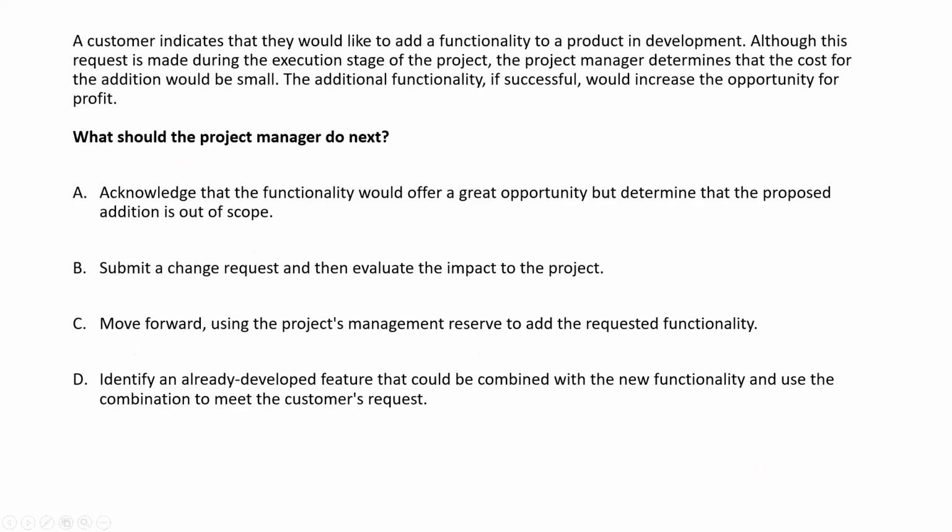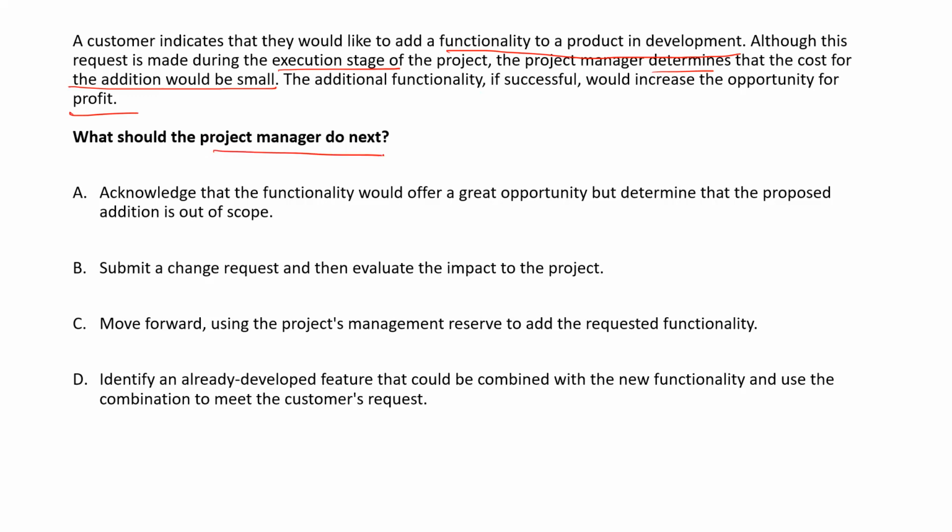A customer indicates that they would like to add a functionality to a product in development. Although this request is made during the execution stage, the PM determines that the cost for the addition would be small. It means he has already checked the impact. The additional functionality, if successful, would increase the opportunity for profit.